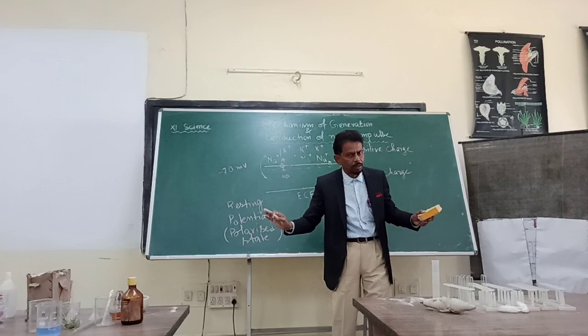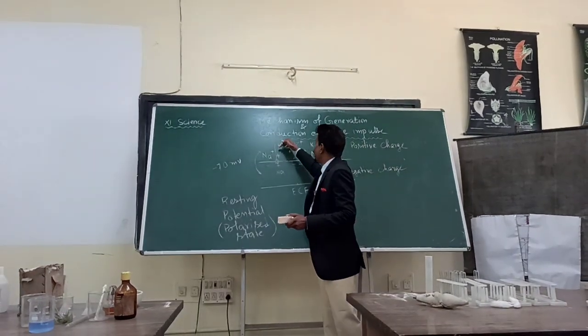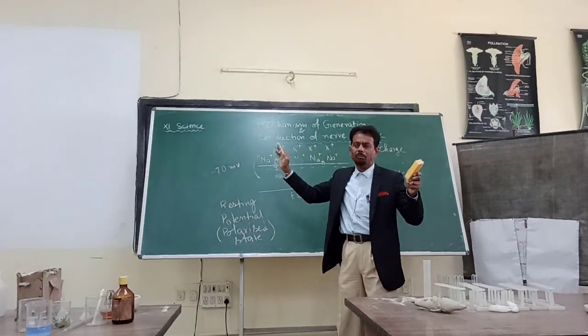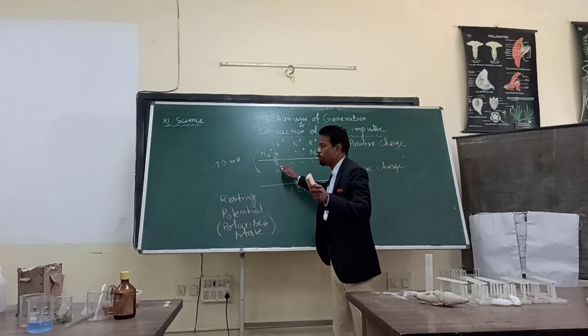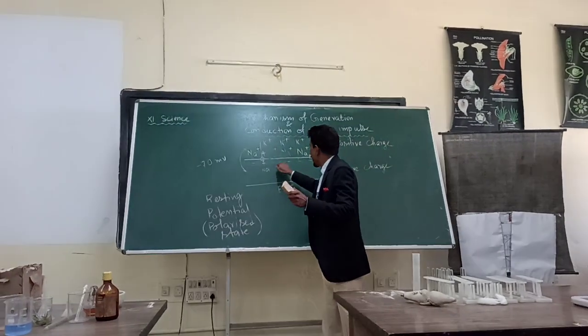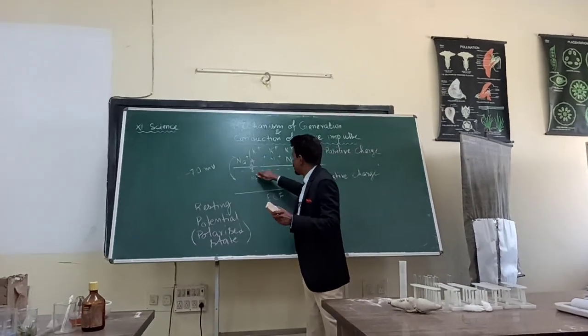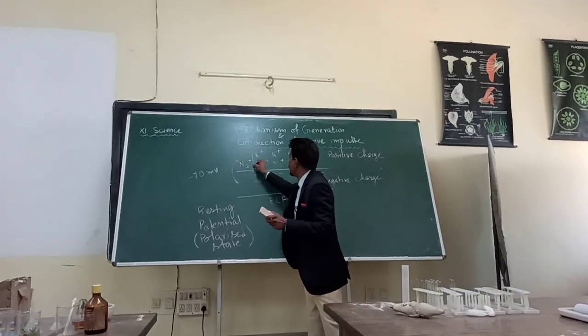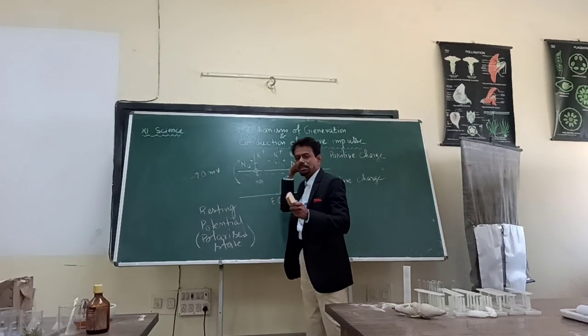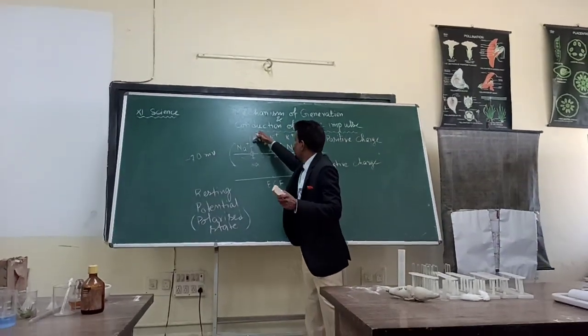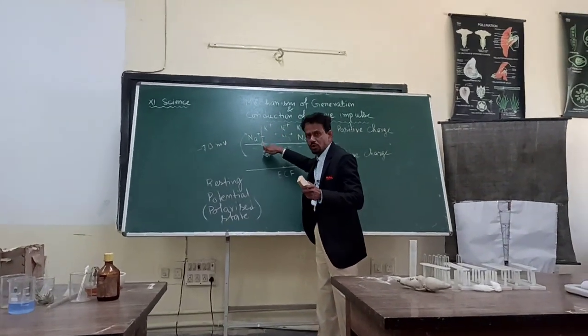Is it clear? So due to the influx of sodium ions, here develops a net positive charge. Next to it, it is a negative charge. Now when positive charge develops here, at this point it is negative charge, because sodium ions from here enter this part.